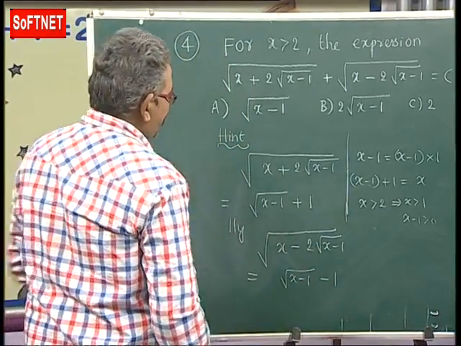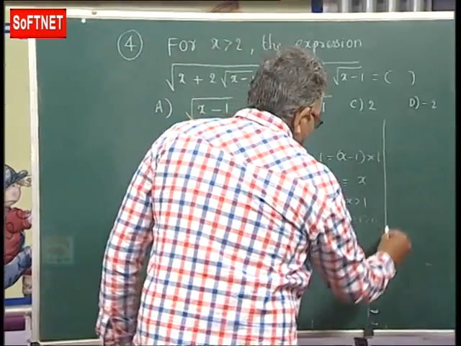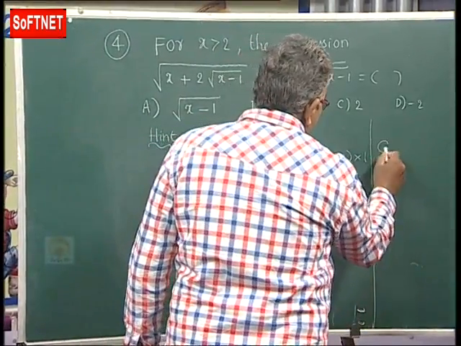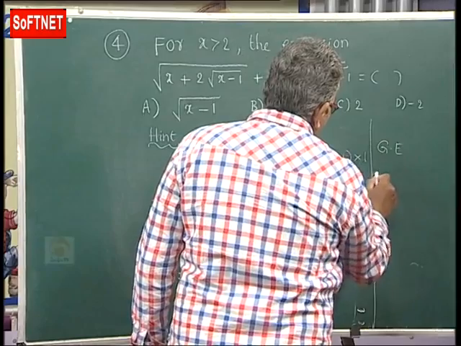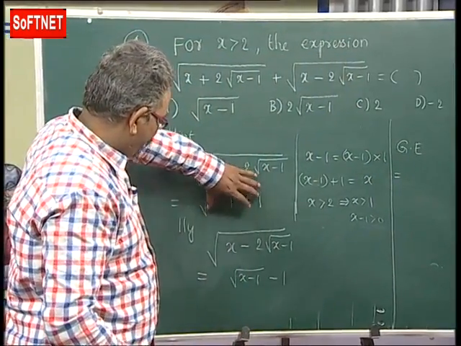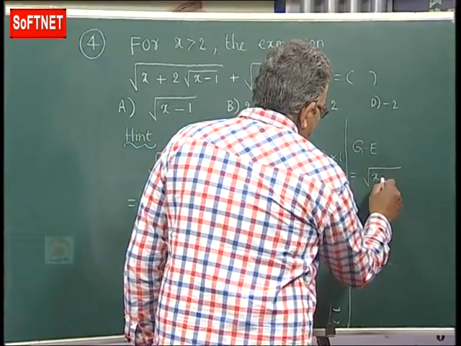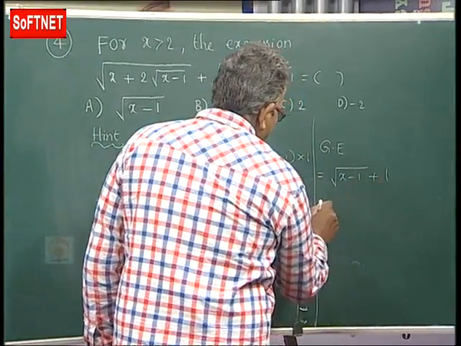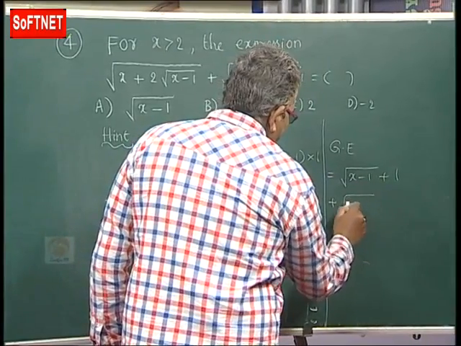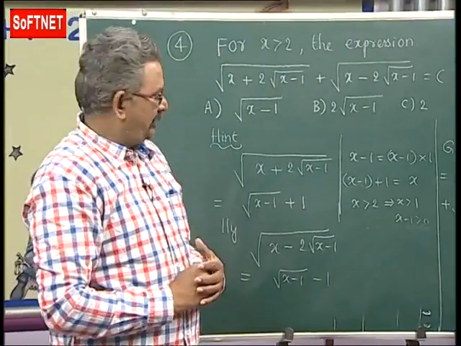Now the given expression is the sum of these two values: root of x minus 1 plus 1 plus root of x minus 1 minus 1.